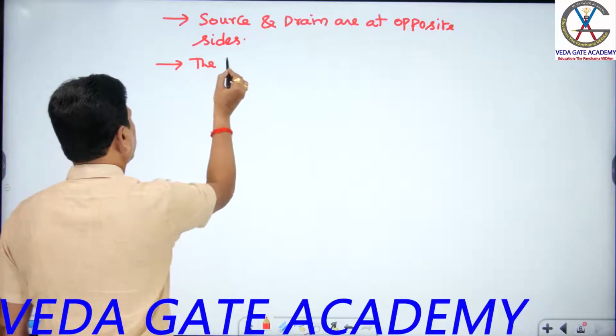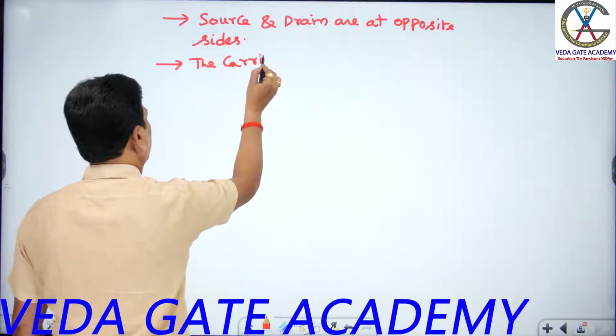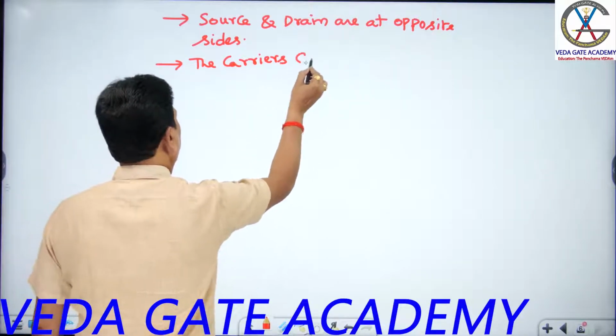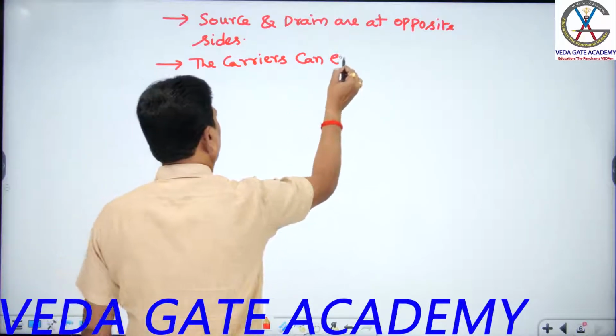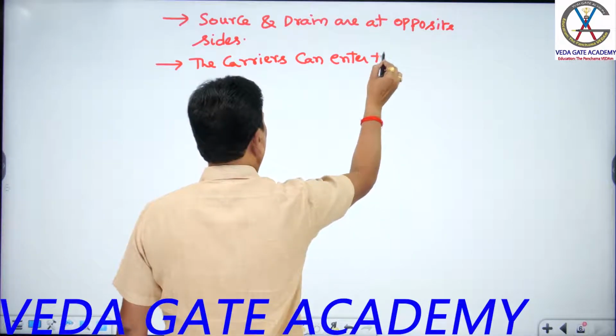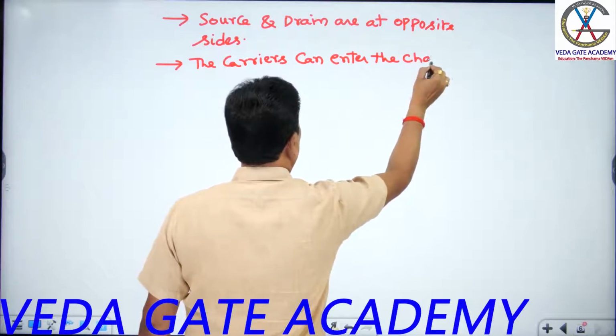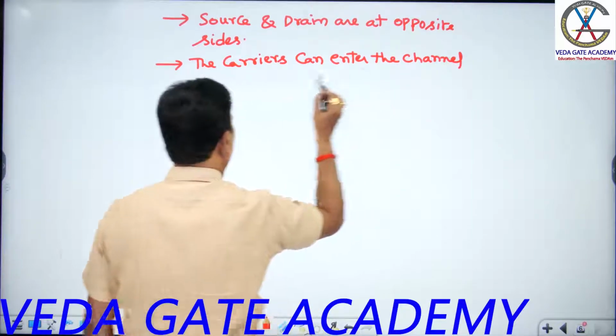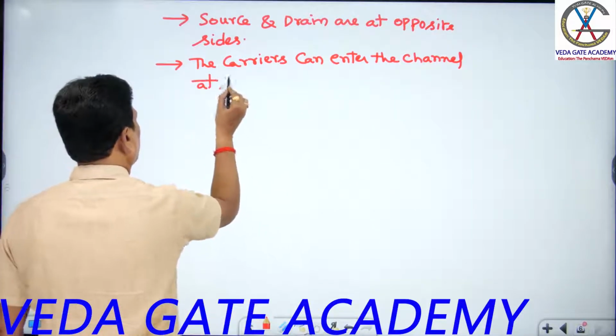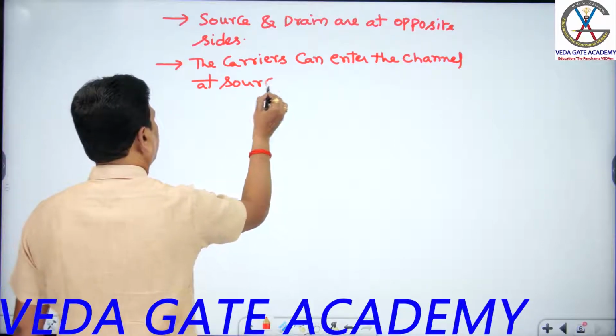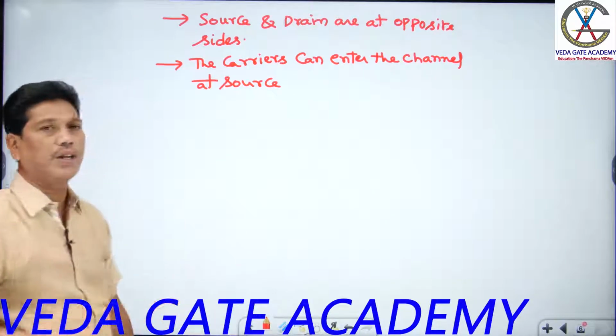The carriers can enter the channel at source. So the carriers always enter the channel at where, sir?